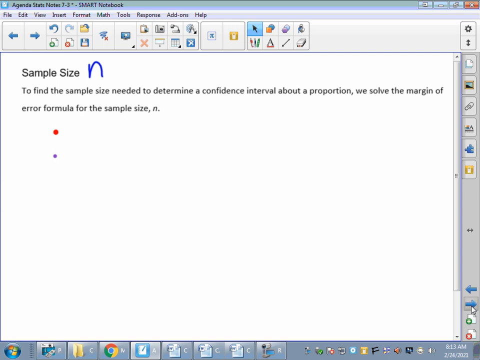We are finding sample size, or N. To find the sample size needed for that 90% confidence level, or whatever it might be, we solve the margin of error formula for the sample size N. I did it for you this time, and it comes out to N equals P hat times Q hat multiplied by your Z value, your critical value, over E, but you square that answer before you multiply by P hat times Q hat. And don't forget, we always round up for our sample size. No matter what, always round up.